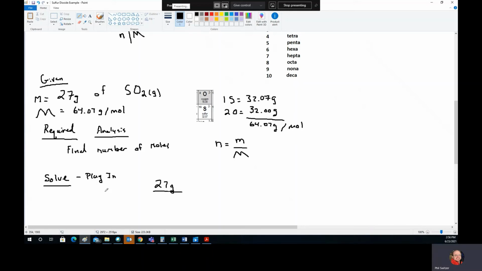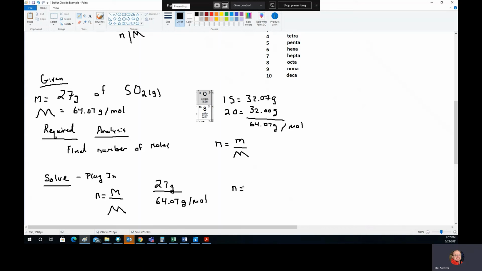And again, we're solving for number of moles equals the mass, little m, over big M, molar mass, 64.07 grams per mole. And the grams are going to cancel out when we divide these. We're going to be left with moles. In other words, we're going to be left with our answer.